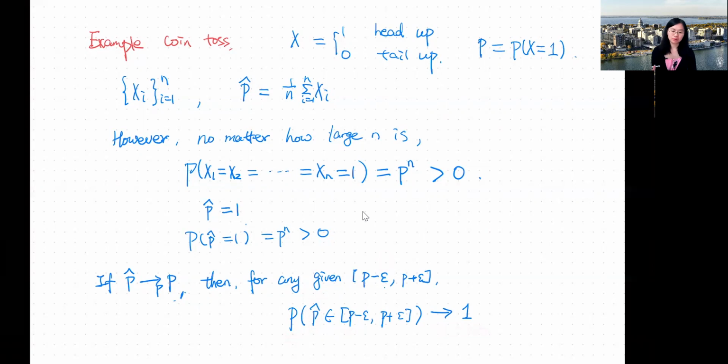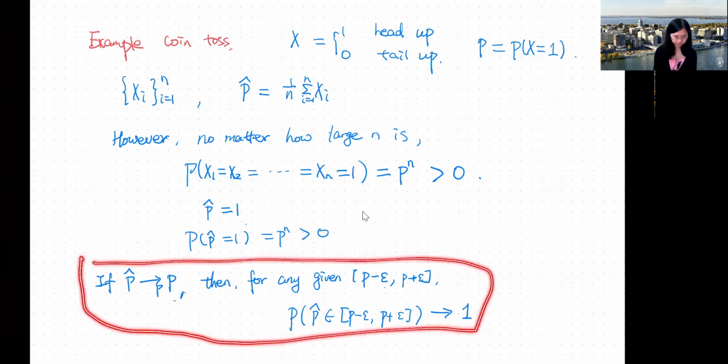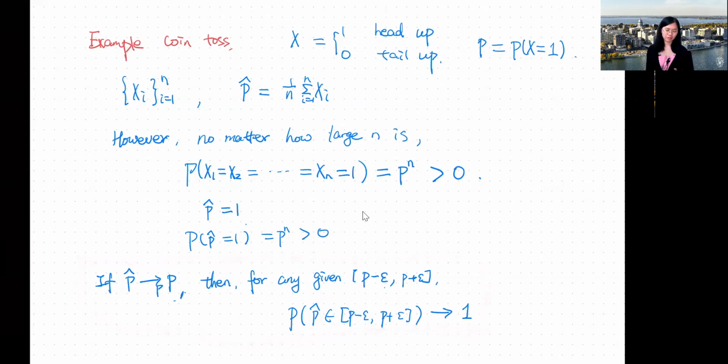It approaches 1. So for large n, p hat can still be very different from p, but the probability that happens will be very, very small, and it will go to 0 as n goes to infinity. That's what convergence in probability means.